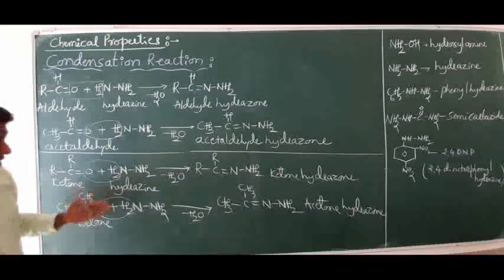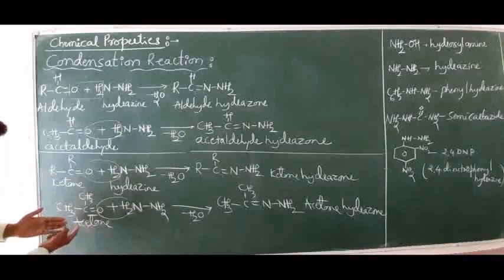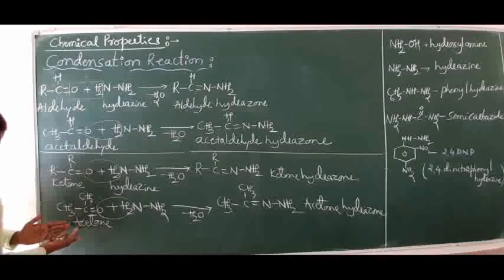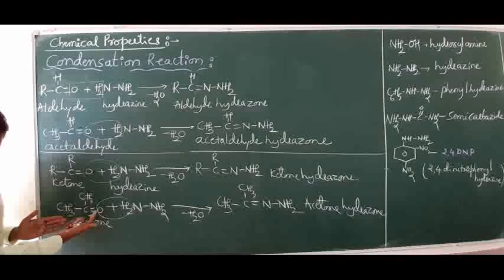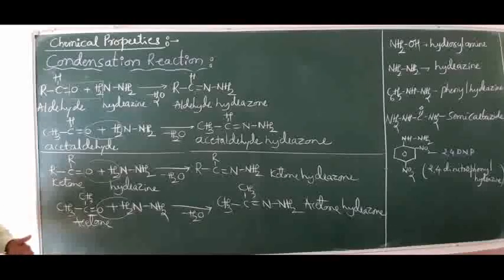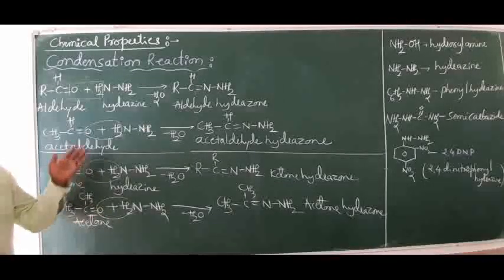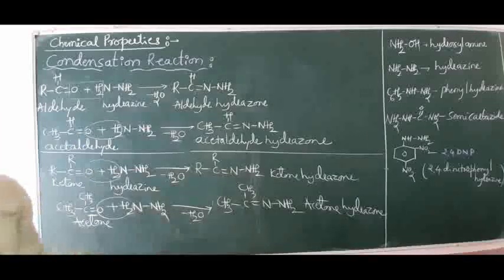Just keep practicing with different examples, like acetaldehyde, formaldehyde, propanaldehyde. Acetone means 2-propanone. You can use butanone, pentanone. You can use the condensation reaction for any aldehydes, either aliphatic or aromatic. In the next video, we continue with the next concepts. Thank you.